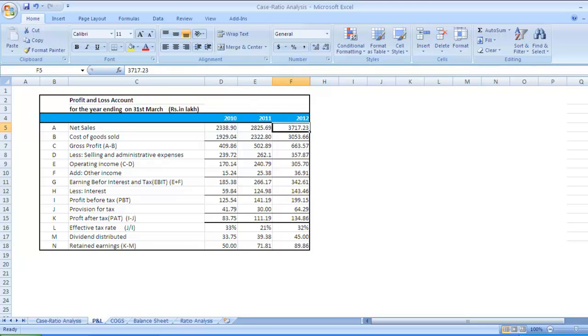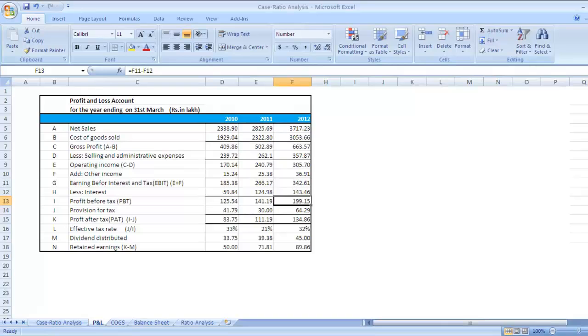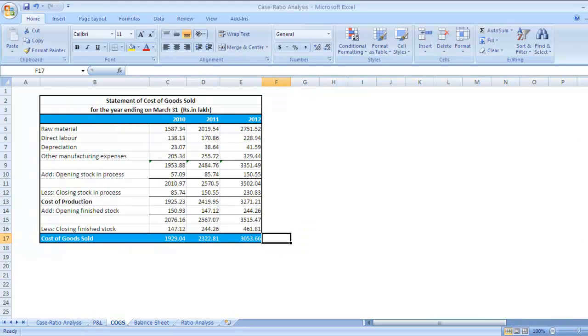In 2012, net sales and gross profit are given, then different figures like profit before tax, profit after tax, effective tax which is 32%, and dividend distributed and retained earnings. With this, let's move to the next sheet, that is cost of goods sold.